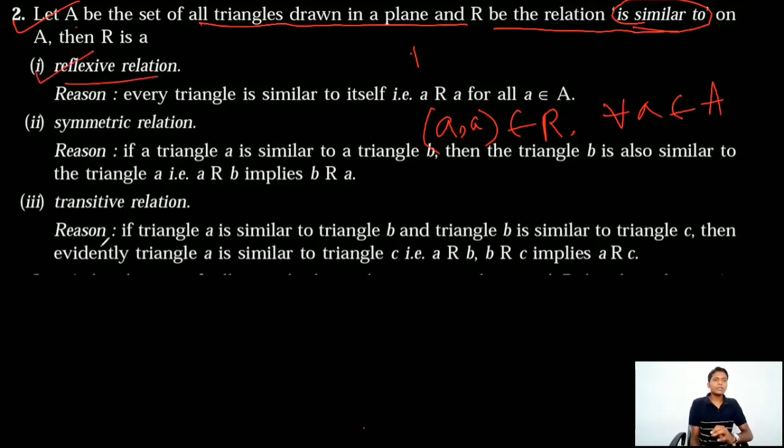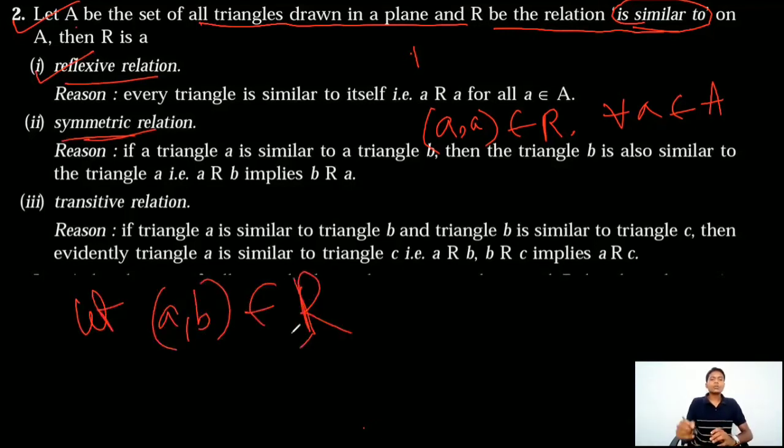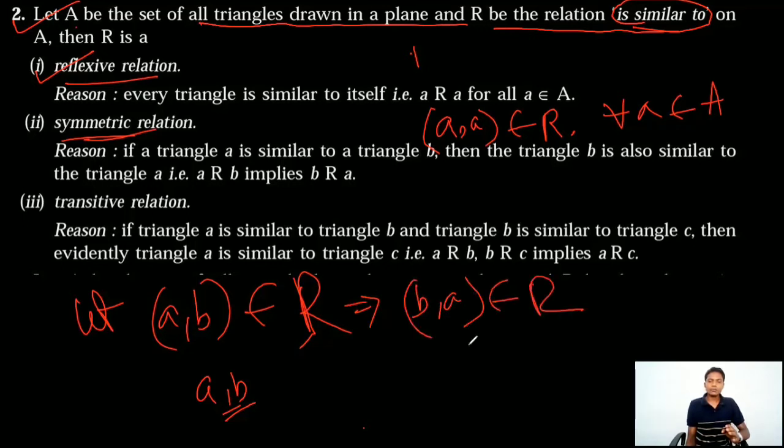For symmetry, let A and B be any two triangles belonging to R. By definition of R, triangle A and triangle B are similar, so we can say easily B comma A is also similar. B comma A also belongs to set R, because if A and B are similar, then B and A are similar. So R is symmetric.